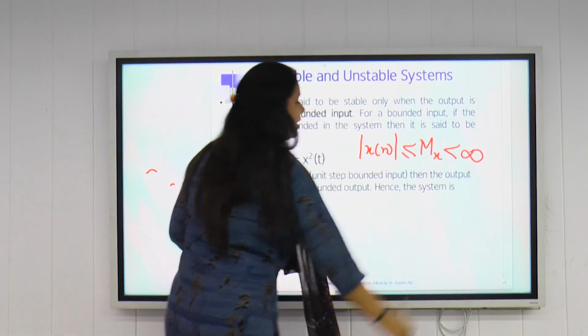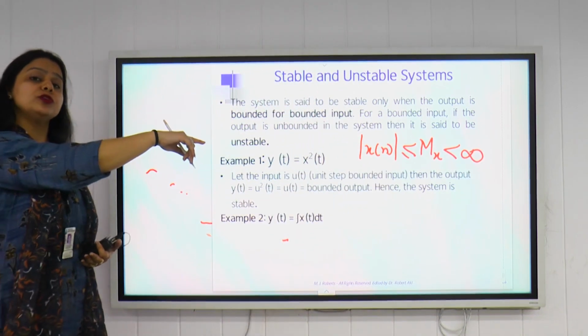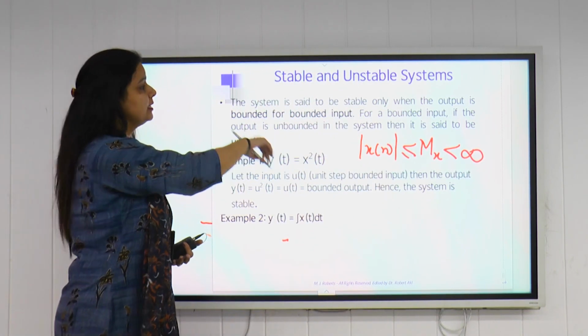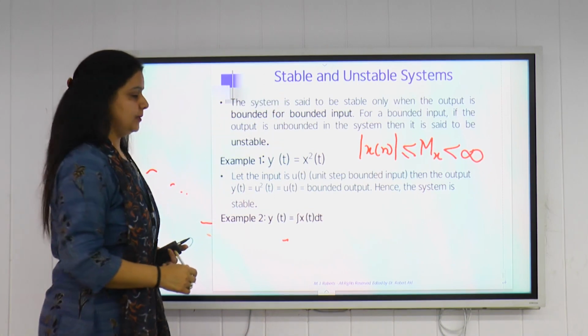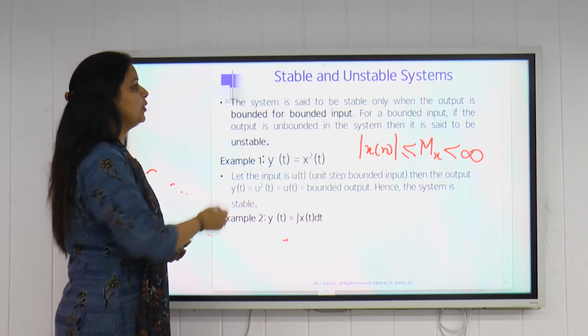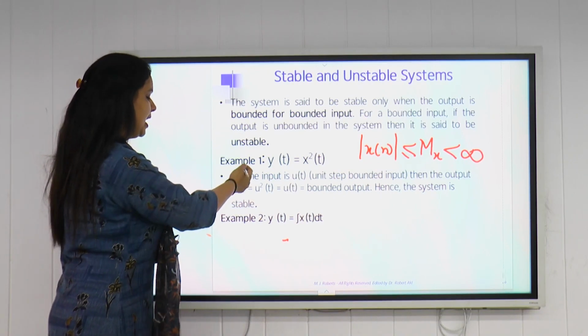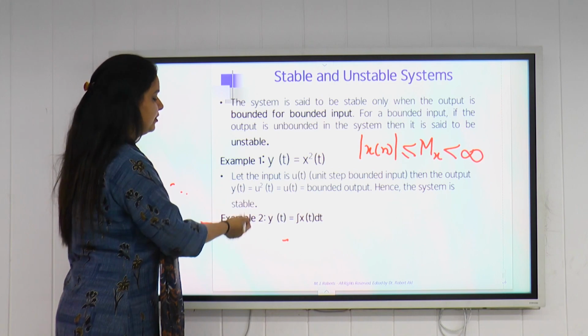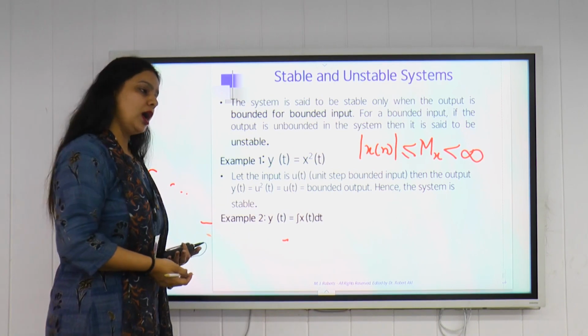If the output is also bounded for this particular case, then the system is said to be stable. We have also taken a few examples for bounded input and bounded output, stable and unstable behavior. Example number 1 is for a bounded system and example number 2 we have taken for an unbounded system.